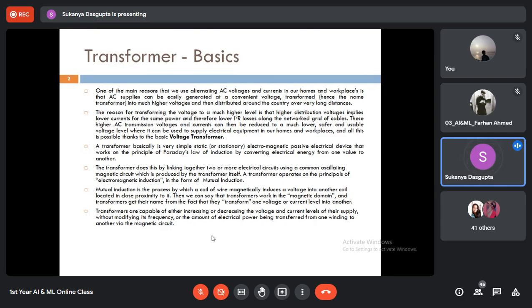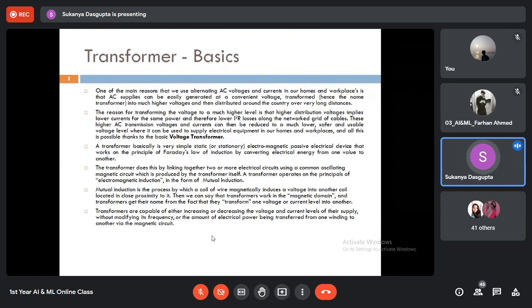Right? Now, the reason for transforming the voltage to a much higher level is that higher distribution voltages imply a very low amount of current, keeping the same power rating, right?